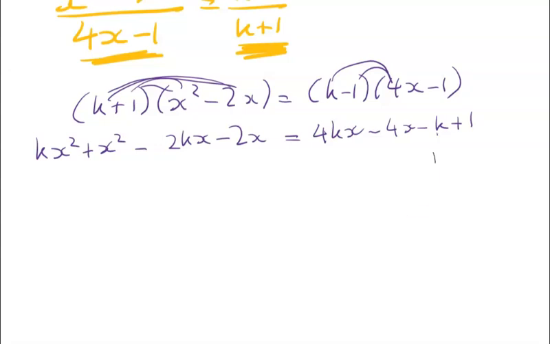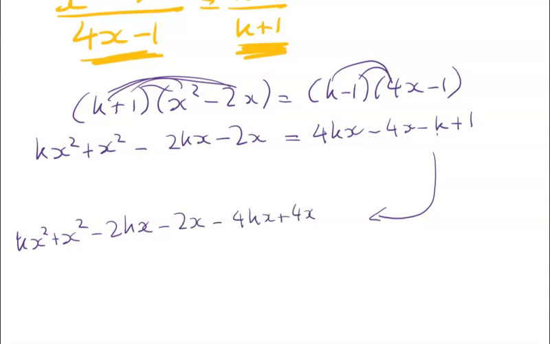So my next step is to get all of this to the left-hand side. I'll leave it all expanded in this step, and then we'll start cleaning up next. Now I have minus 4kx plus 4x plus k minus 1 is equal to 0.